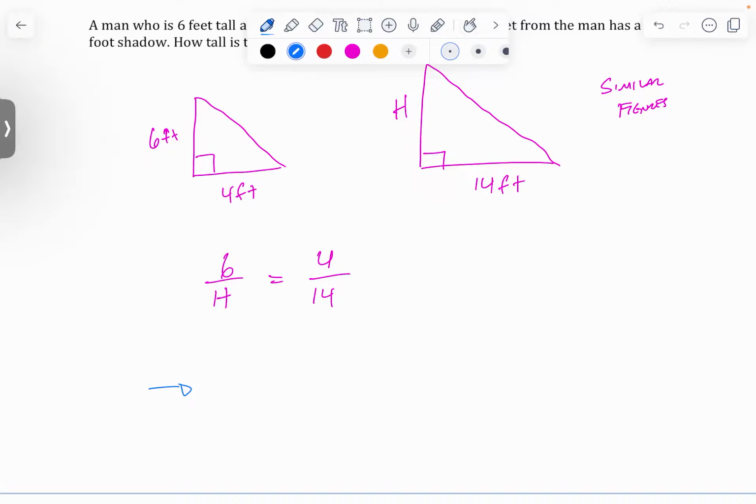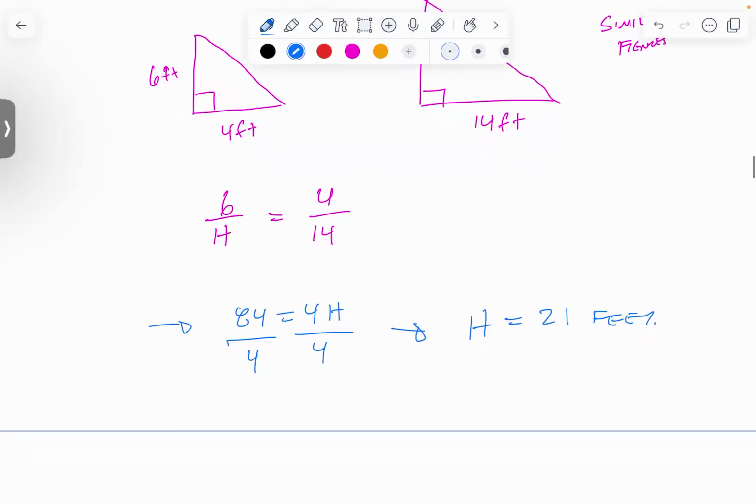So 6 times 14, 84 equals 4h. Divide both sides by 4. H equals 21 feet. So, very, very nice.